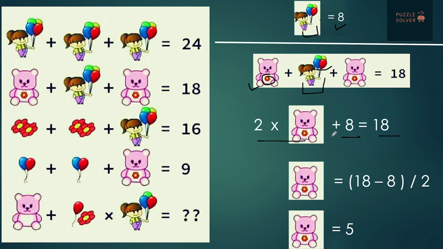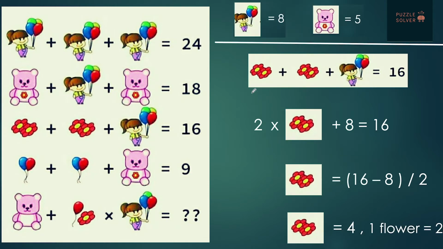When we solve this equation, this 8 moves to the right side, so it becomes 18 minus 8, and this 2 becomes the denominator, so the equation becomes 18 minus 8 divided by 2. 18 minus 8 is 10, and 10 divided by 2 is equal to 5. So the teddy bear having a flower print is equal to 5.